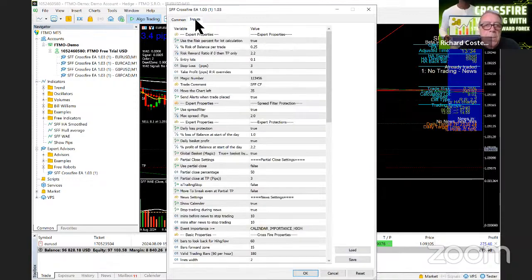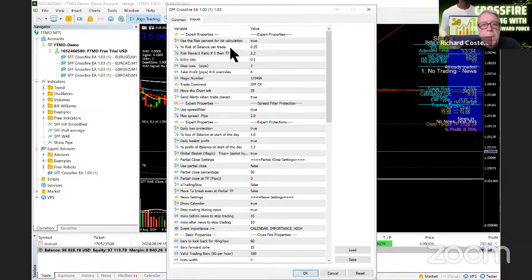And then on your inputs, I'll use the time that we've got. We've got 5 minutes left before it's going to take any new trades. So on my inputs, and these variables, you can change all of these things. So we're using the risk percentage to calculate the loss.